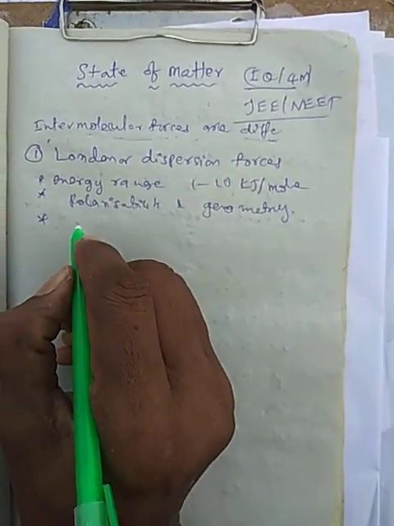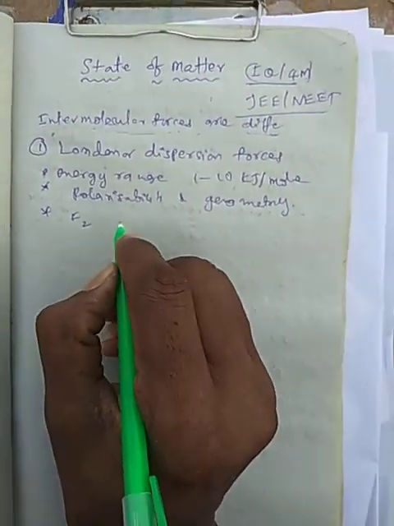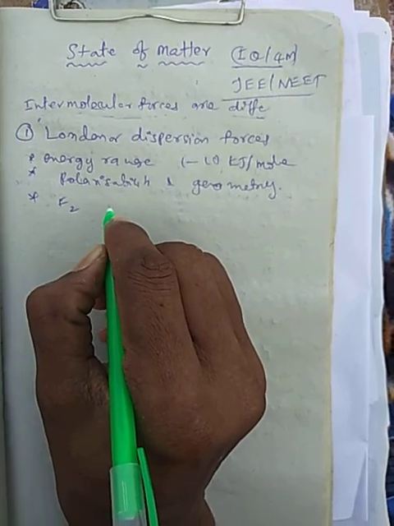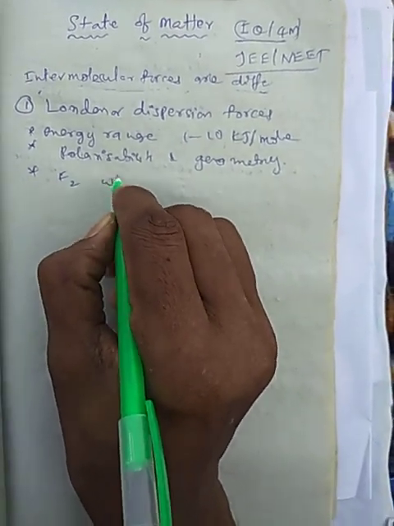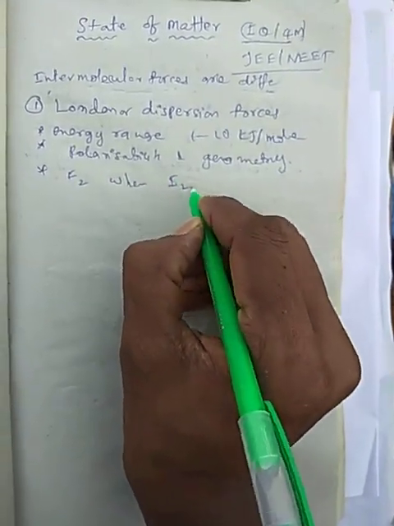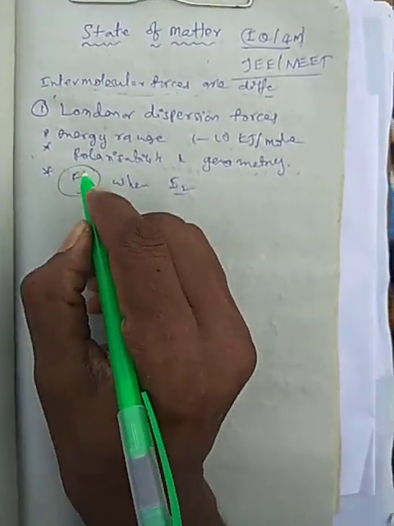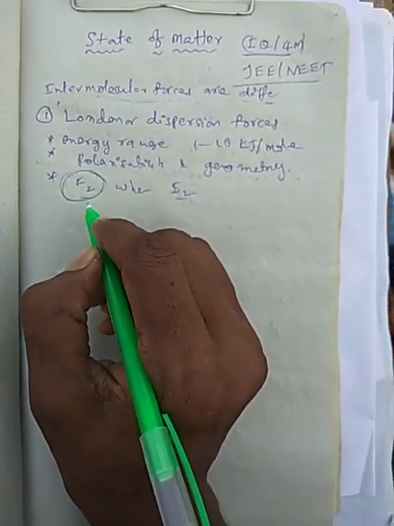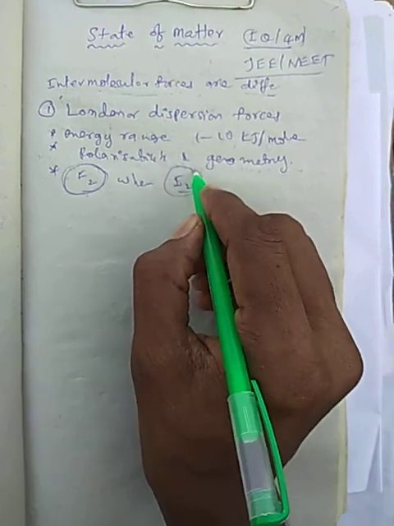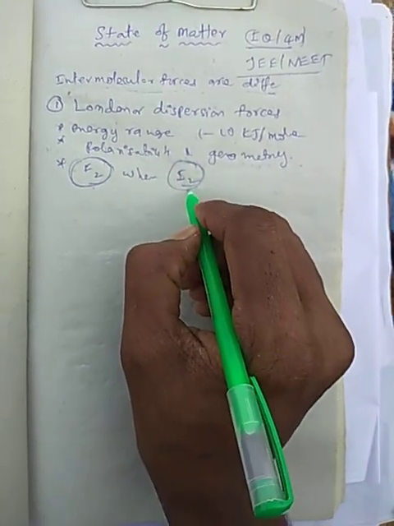For example, F2 has a small dispersive force when compared to I2. F2 is a small molecule, so it has a small polarization. The large molecule has a large dispersive force.